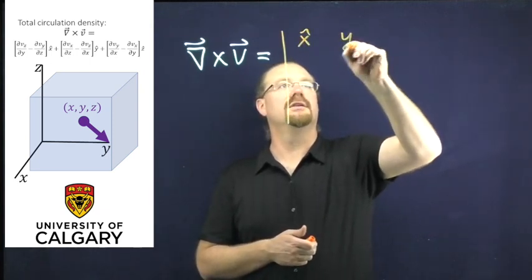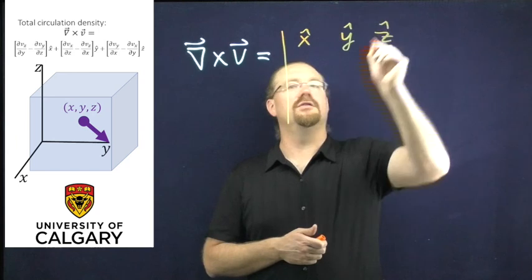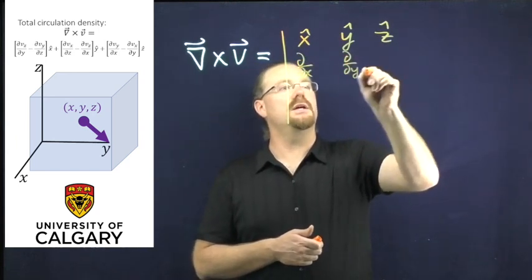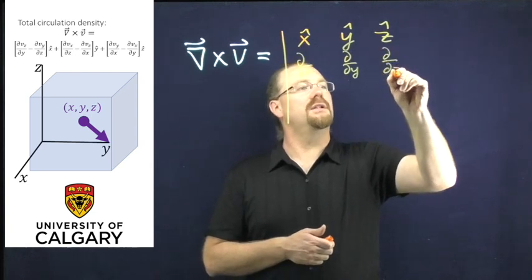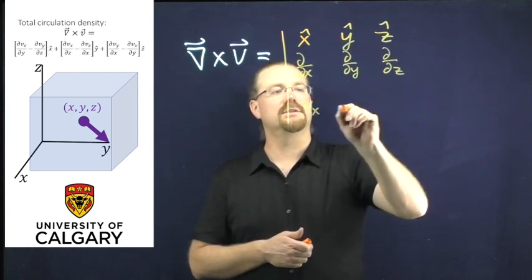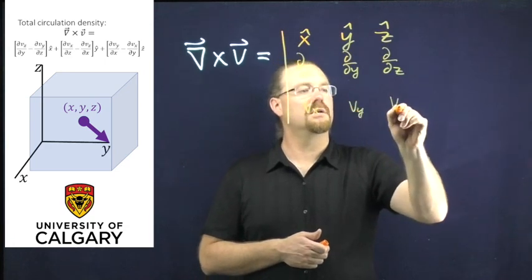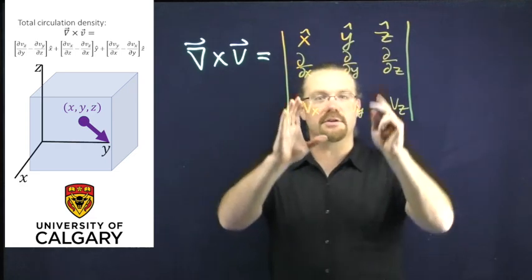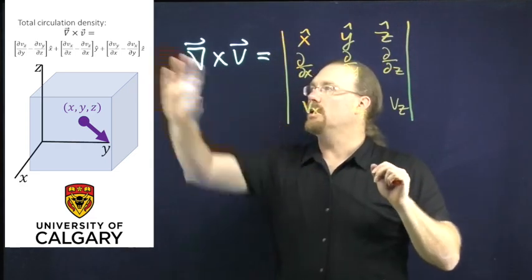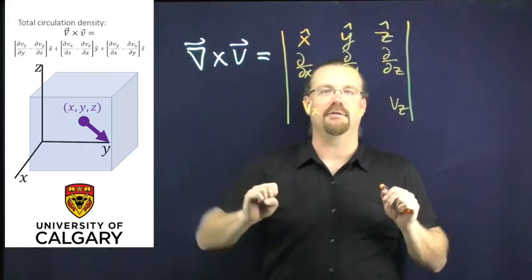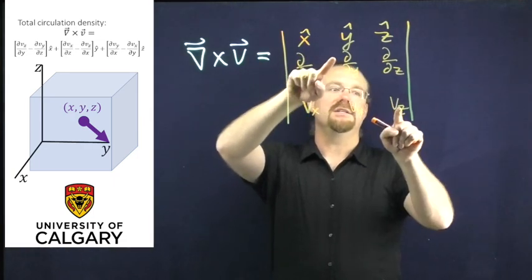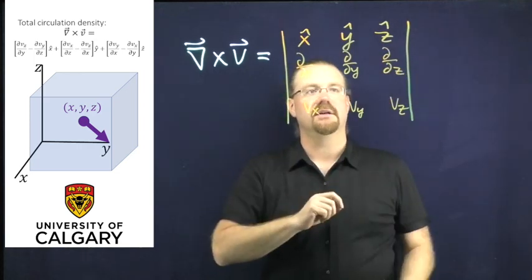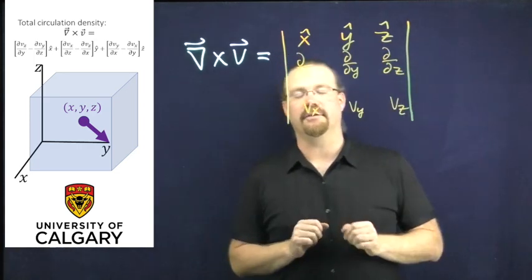X hat, y hat, z hat, d by dx, d by dy, d by dz, Vx, Vy, Vz. If you take the determinant of this matrix, you're going to wind up getting exactly what you have right there. X hat times dVz dy minus dVy dz. So the normal determinant that you have.